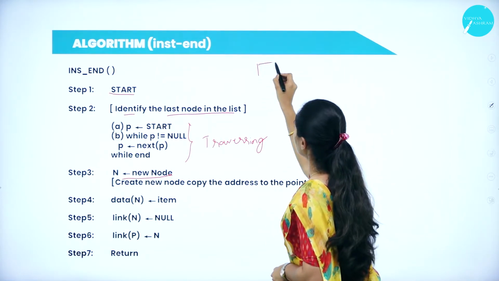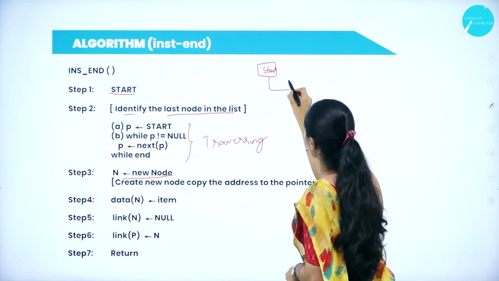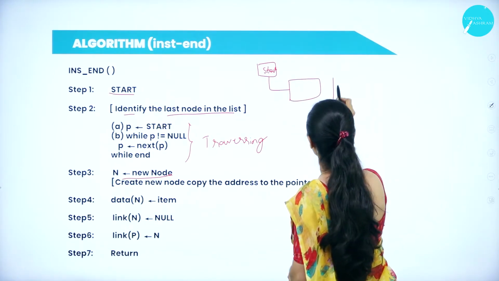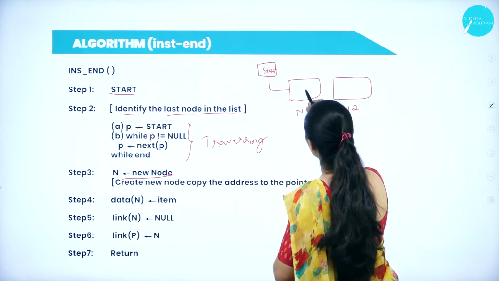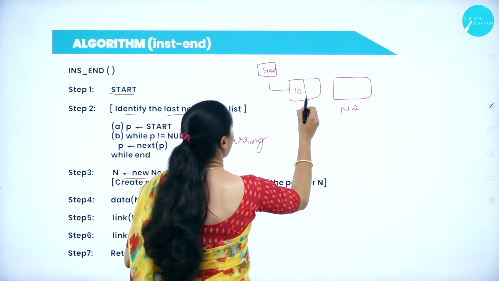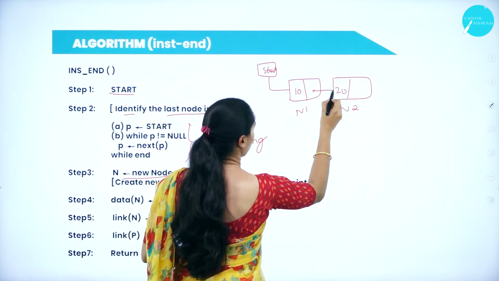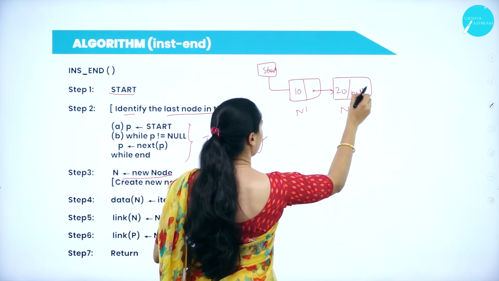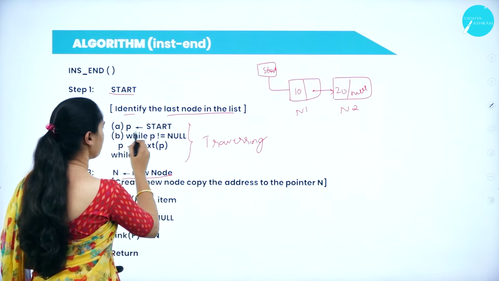Consider here it is start and consider I have 2 nodes, that is n1 and node 2. This will have the data 10 and this will have the data 20. It is pointing to node 2, but it is having null. Then identify the last node in the list, p start.